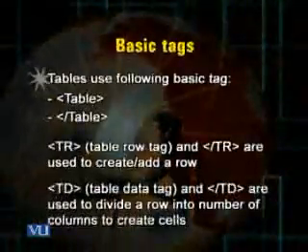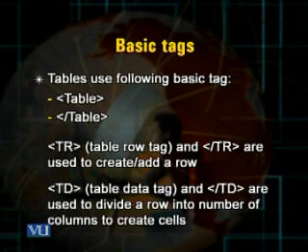The basic tags which are used to create a table: first of all, within the body tag, you will start with a table tag. You will write the keyword table in angular brackets to start with. The table tag has its corresponding closing tag.